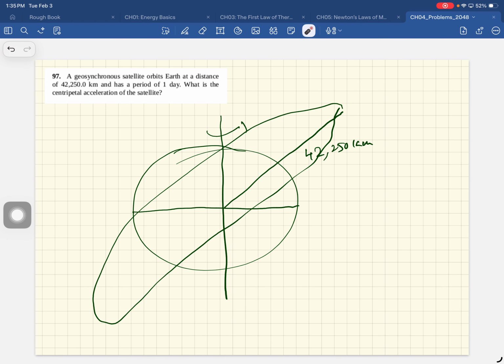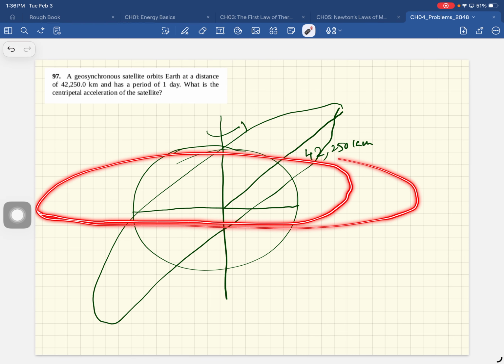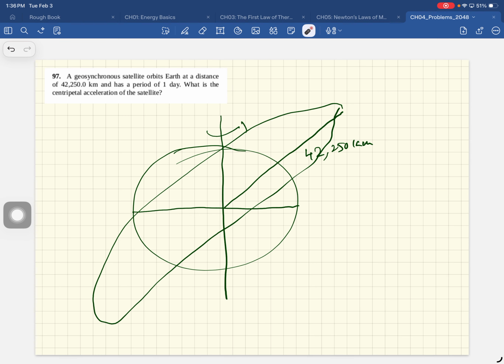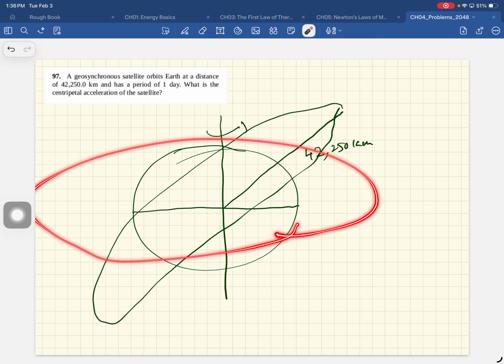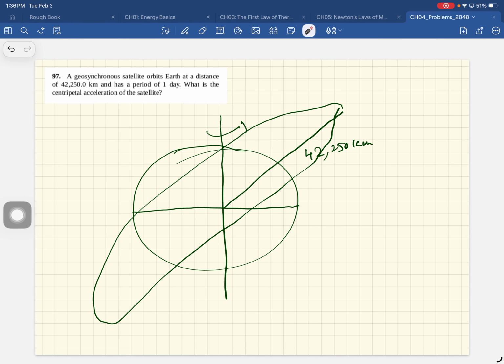Okay. So now we can put in these values. So the centripetal acceleration, and 1 day is 24 hours, times that many seconds.